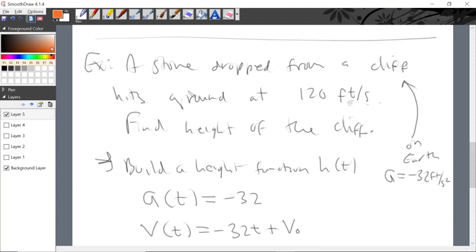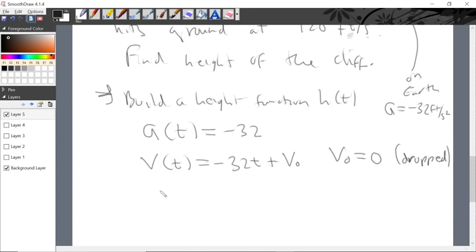We were told here, in this case, that the stone was dropped. What does that imply? If it is dropped, that implies that the initial velocity was equal to 0. It was just released. It was not thrown. So if the initial velocity is equal to 0, then our particular velocity function is v of t is equal to negative 32t.